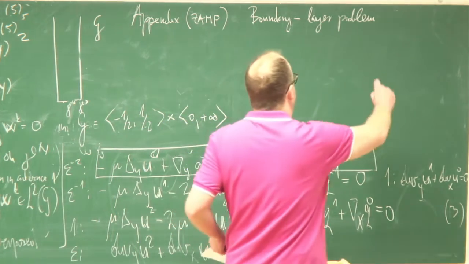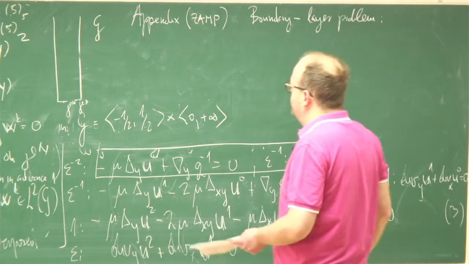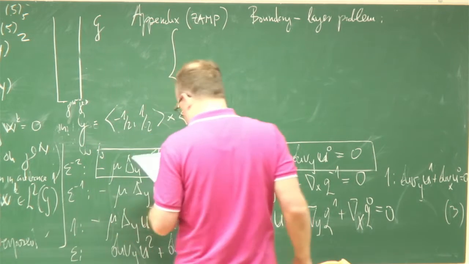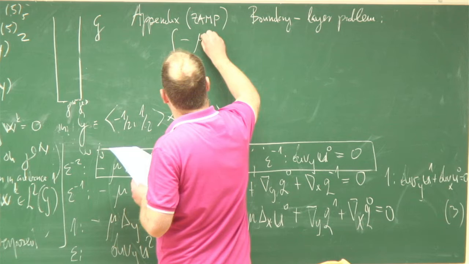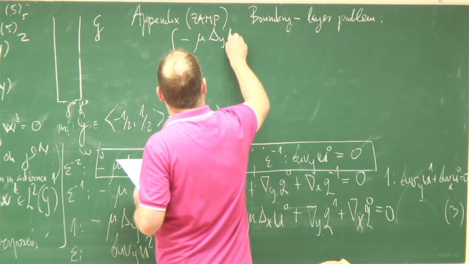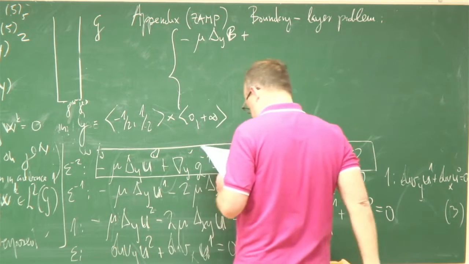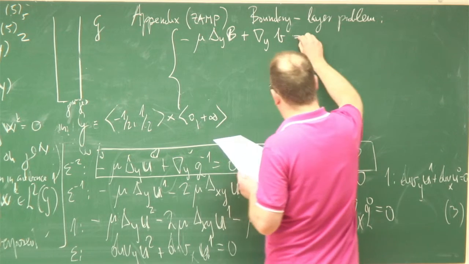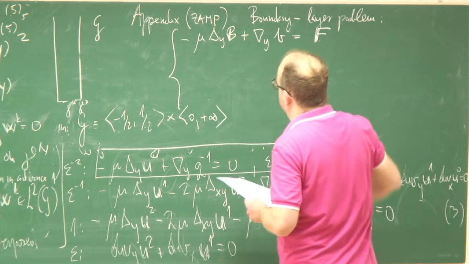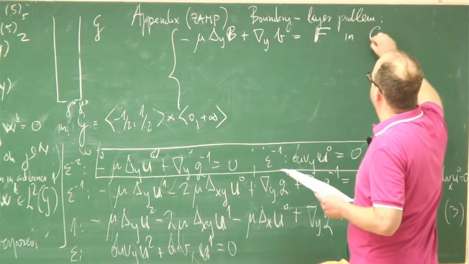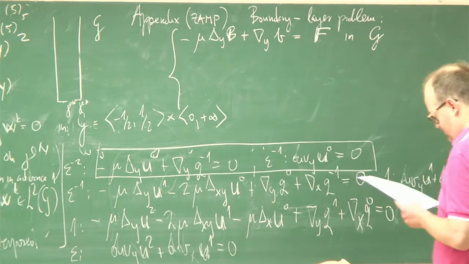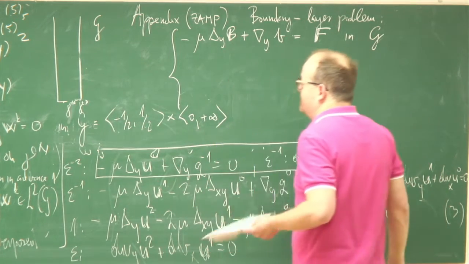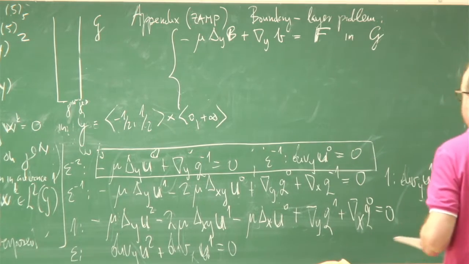So the result on well-posedness and exponential decay is derived for the following system. The domain is this one, the semi-infinite stripe.